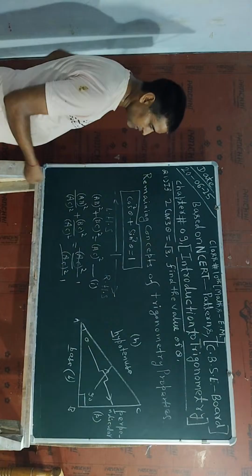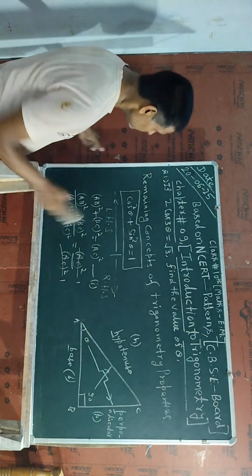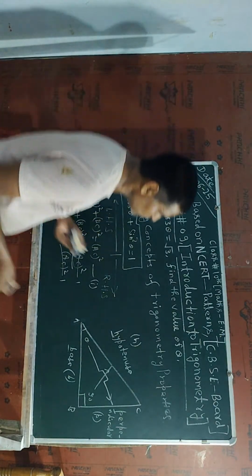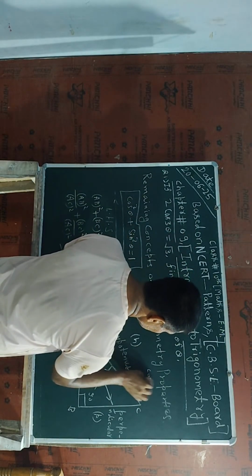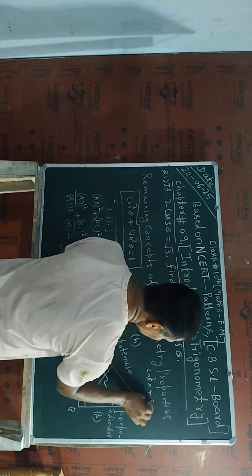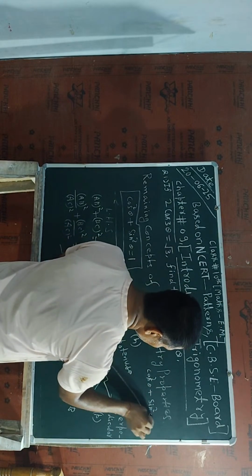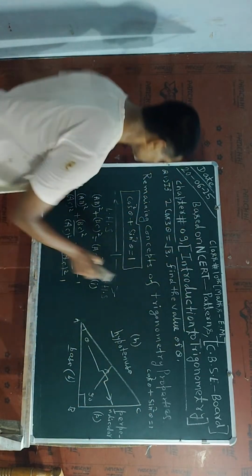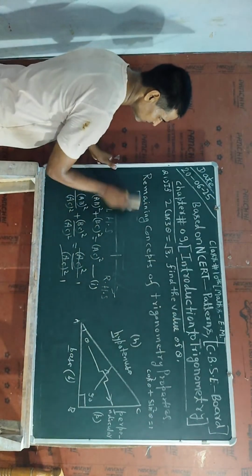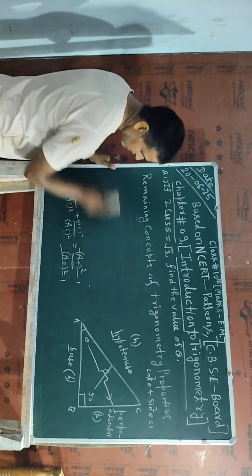And above data I will summarize, because here this value I am going to say here for further use. Cos square theta plus sin square theta, which is equal to 1. So that information I will write here. Now here I am going to erase.